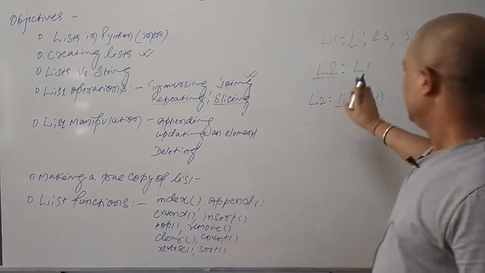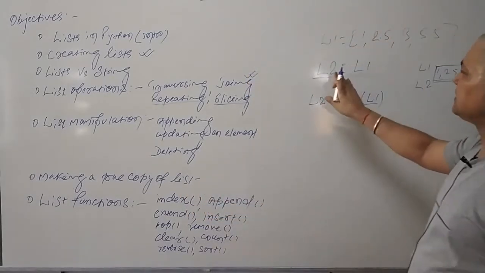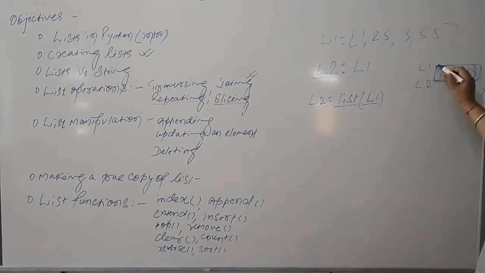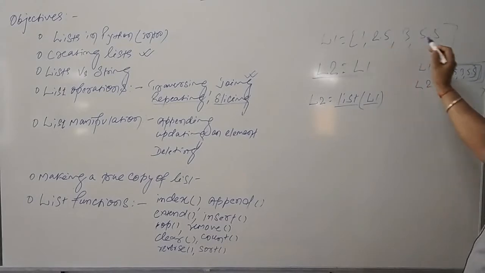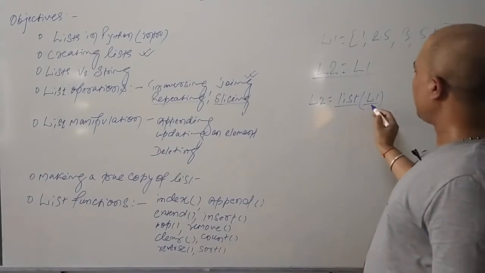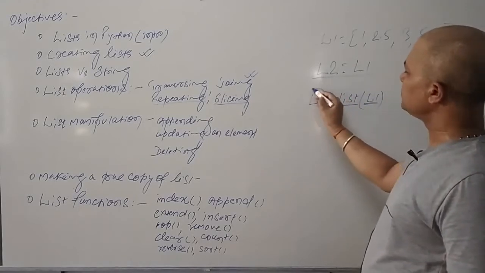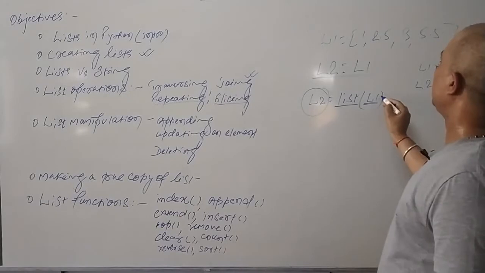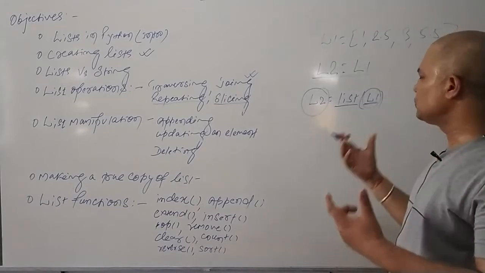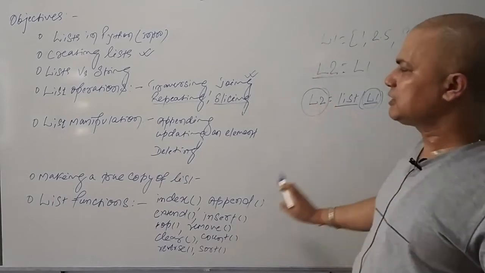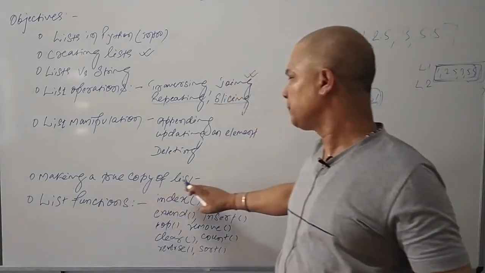In the earlier case, both L1 and L2 were treated like variables referring to the same memory, having the same elements 1, 2.5, 3, 5.5. But here, since I passed L1 as a parameter to the list method, L2 has been created in the memory separately and L1 was already there. So two exact copies of the list have been created. That's why it's called making a true copy of the list.